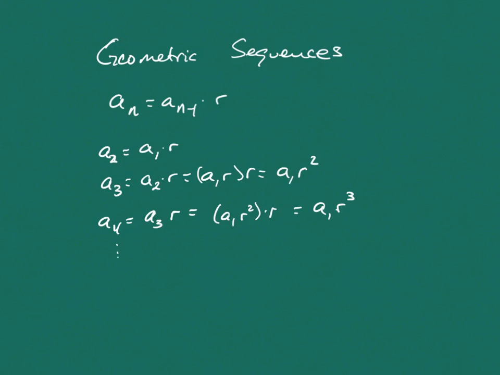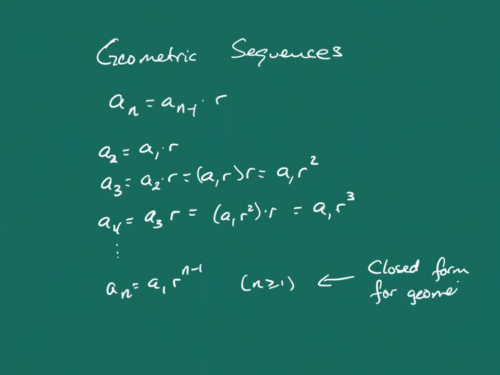And if we keep that going, we again see that our geometric sequence is really going to have a form that looks like a1 times r raised to the n minus 1 power. That's going to work for n greater than or equal to 1. And so what this gives us is our closed form for geometric sequences.